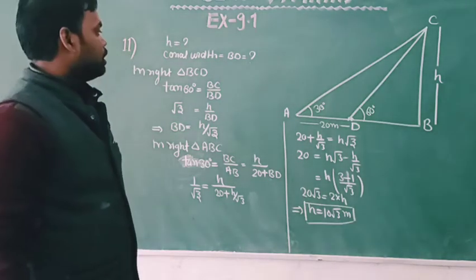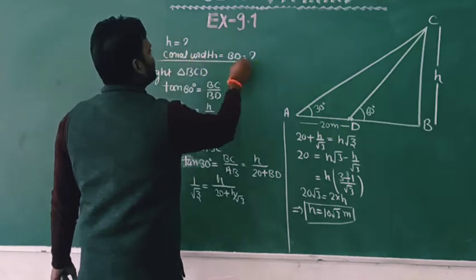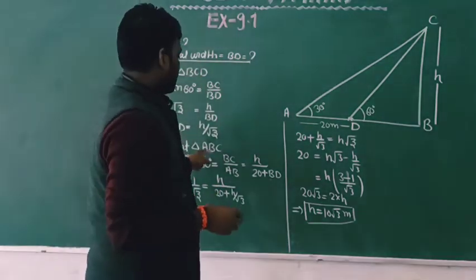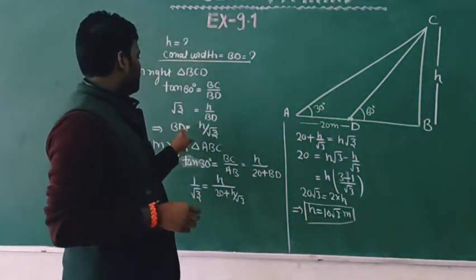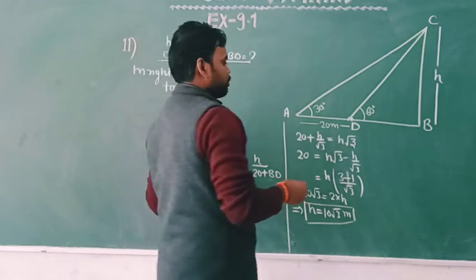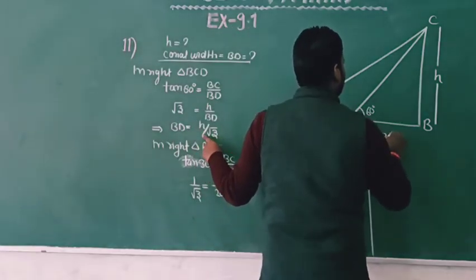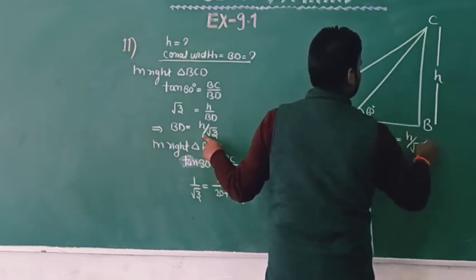And also find the width of the canal, that is BD. Using the value of h in this equation, BD equals h by √3.